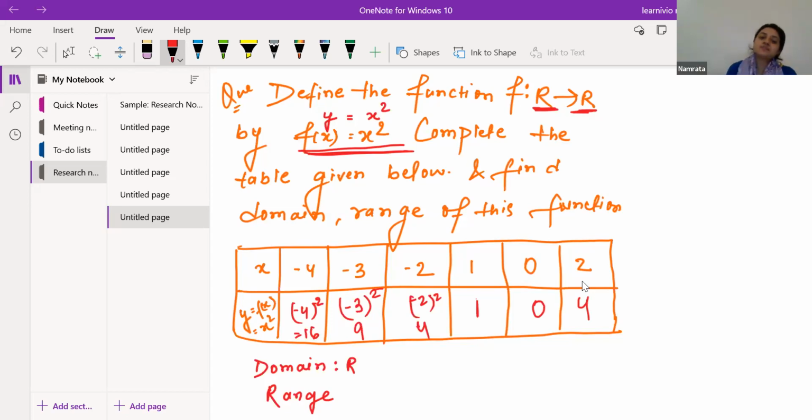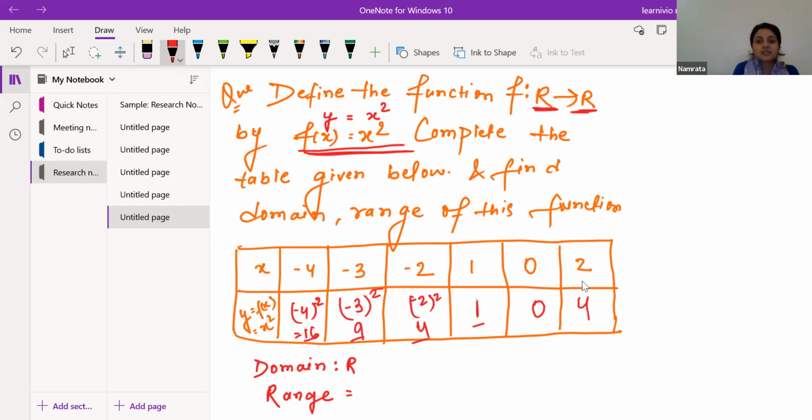And what will be the range? We get the range of the given function from y is equal to x square. So whatever real number you take, its square will be the range. Specifically, if we have to define the range, we cannot say a particular number. Only squared numbers we are taking, like 16, 9, 4, 1.